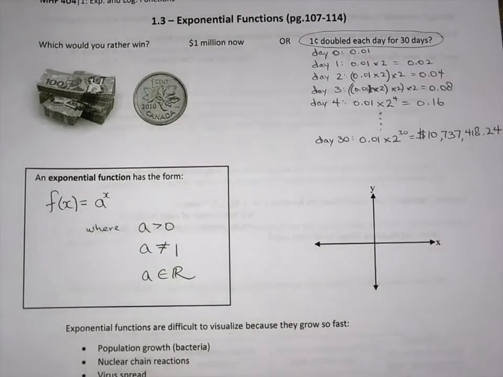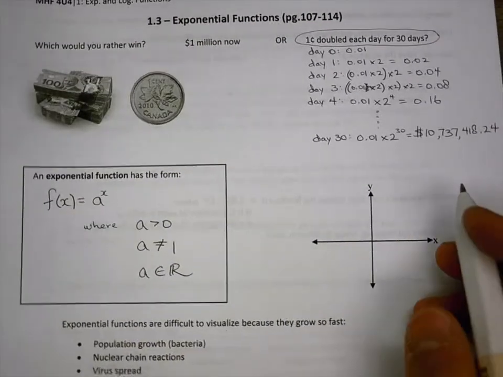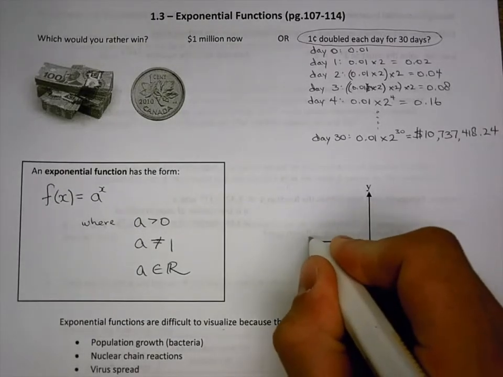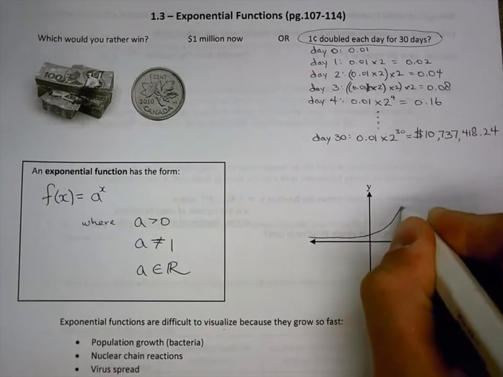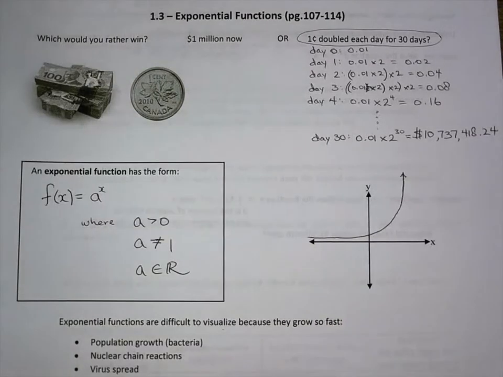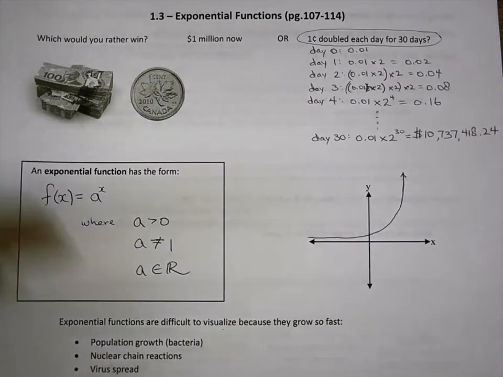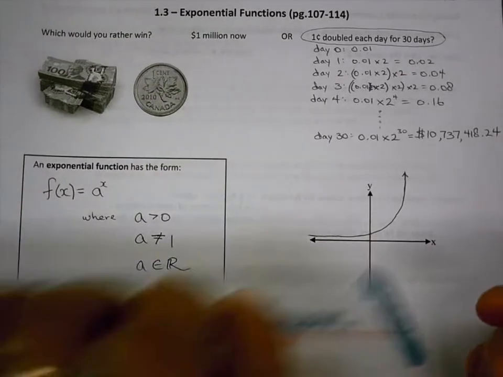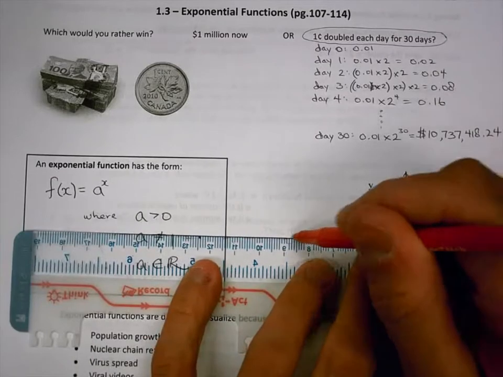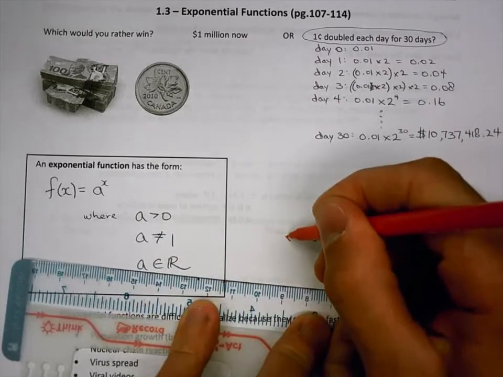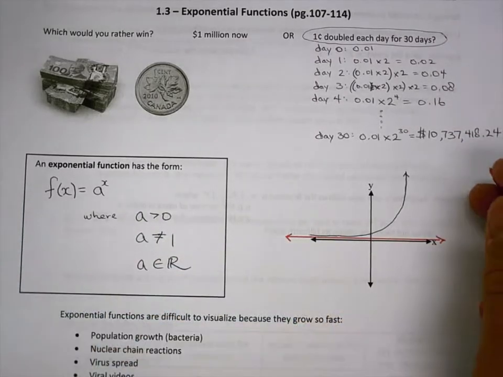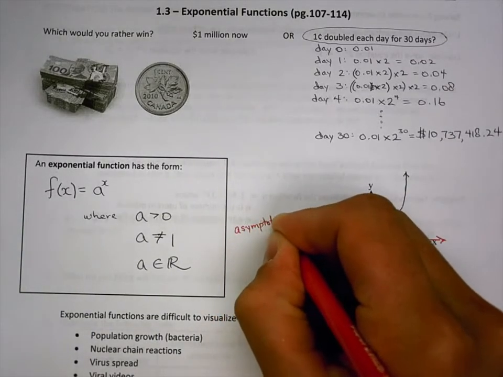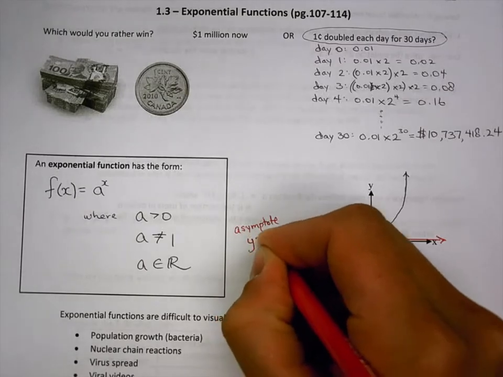What does this look like? Well, remember we've already looked at this when we did our function family, but we know an exponential growth function looks like this. So we know that the exponential growth function has an asymptote, a line it never crosses, at y equals 0.